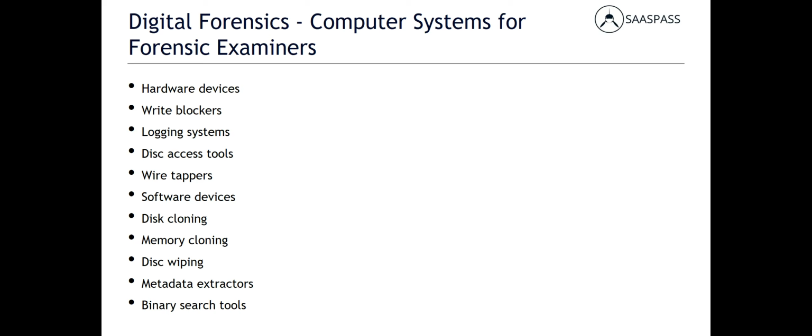So even if you make any mistake, there is no chance that you can write on the disk. This is very beneficial, and this is very important to collect evidence. If you use a hardware write blocker, you are sure that nothing has been modified during reading or copying the disk.